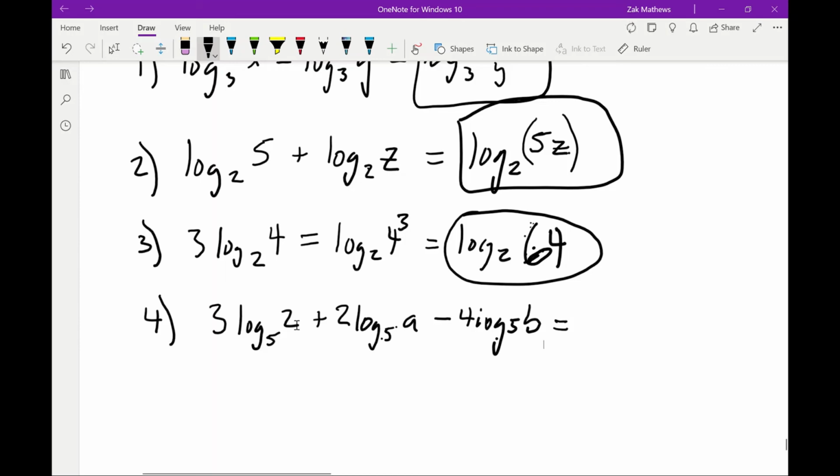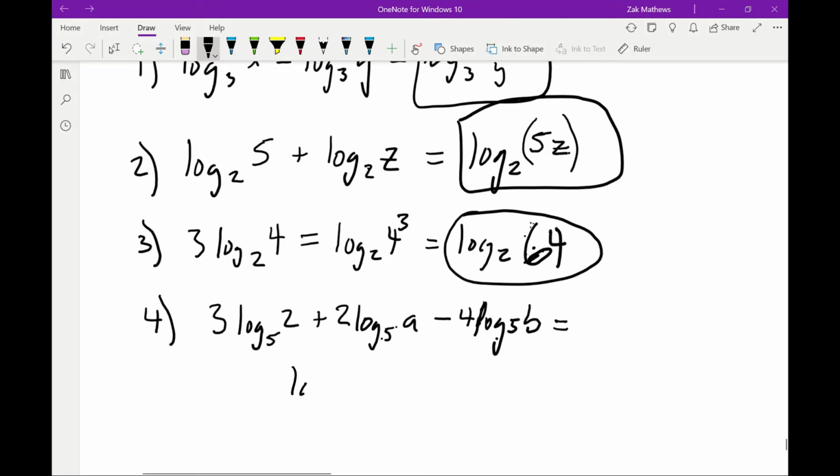We know that the addition, the 2 and the a will have to be multiplied together. The b in the last log will have to be divided because we have the minus. I cannot put those together yet because they have exponents on the front of them. I can't combine the 2 and the a until I've dealt with the 3 with it. We always know we have to work with the elements being multiplied together first. We can't do the addition before we do multiplication.